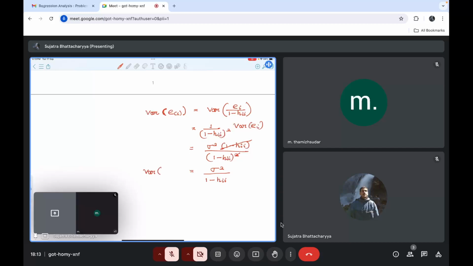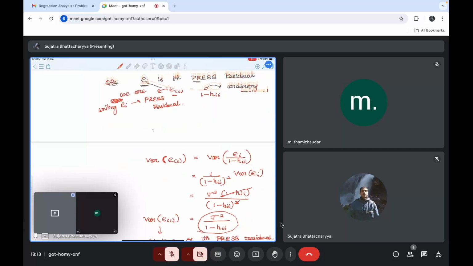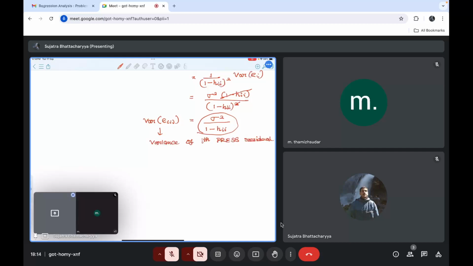Therefore, the variance of the ith PRESS residual is sigma square upon 1 minus h_ii. I am writing e_i as e_(i) so that there is no confusion. This actually depends on simple statistics or probability, so you can easily do these questions.